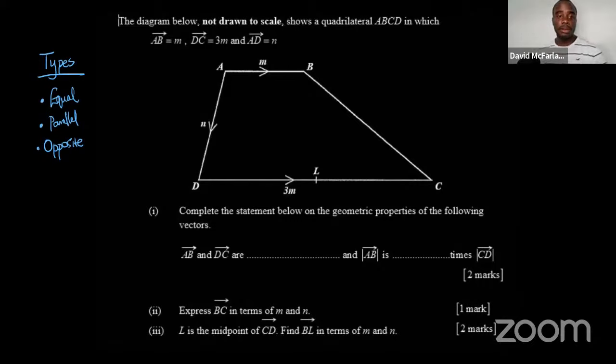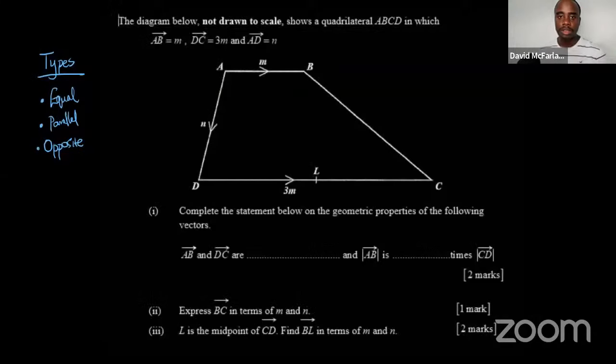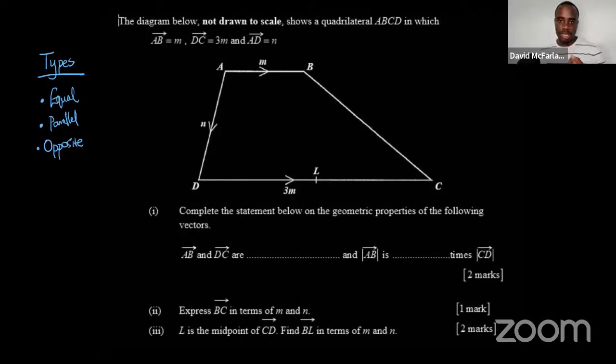Now, in this problem, it says, in the diagram below, not drawn to scale, shows a quadrilateral ABCD in which AB is equal to M, DC is equal to 3M, and AD is equal to N. Complete the statement below on the geometric properties of the following vectors.